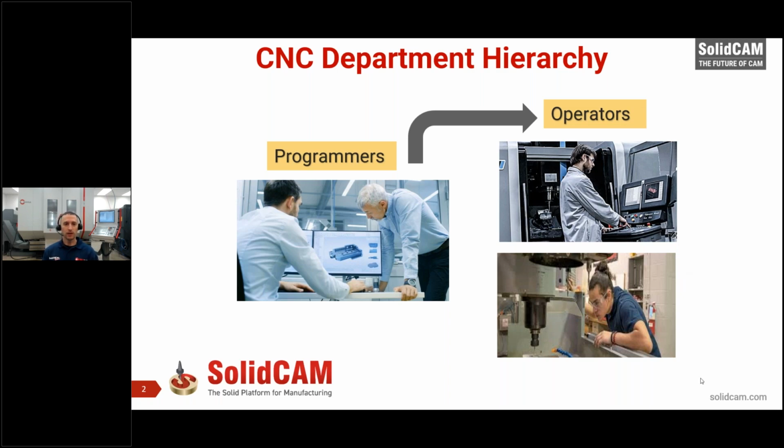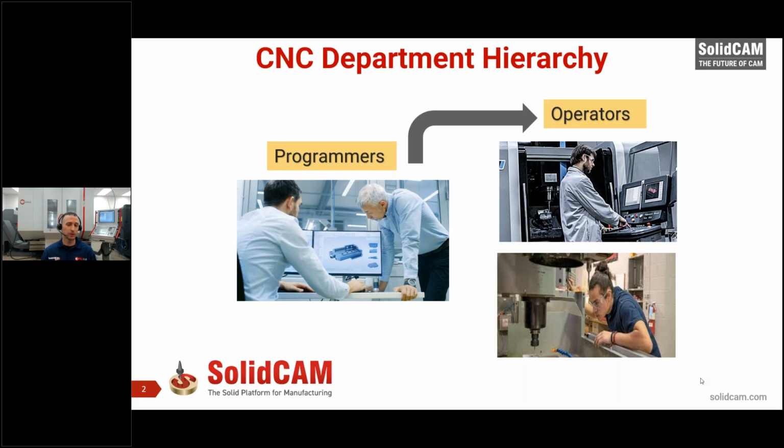Before we get into actually showing SolidCAM for operators, let's talk a little bit about what a traditional CNC department looks like. Generally we have our CAM programmers, and we may be sitting in an office or out at the machine depending on the size of the company. Then as CAM programmers, we dump off the G codes usually to setup people.